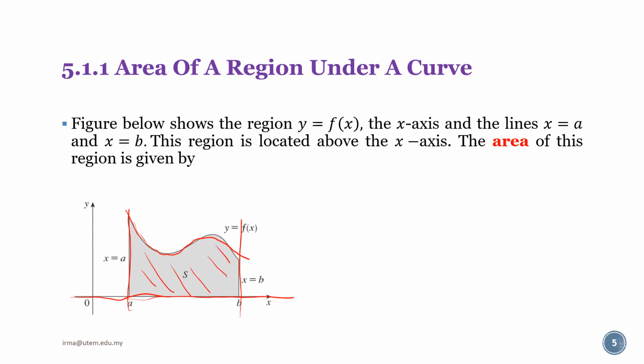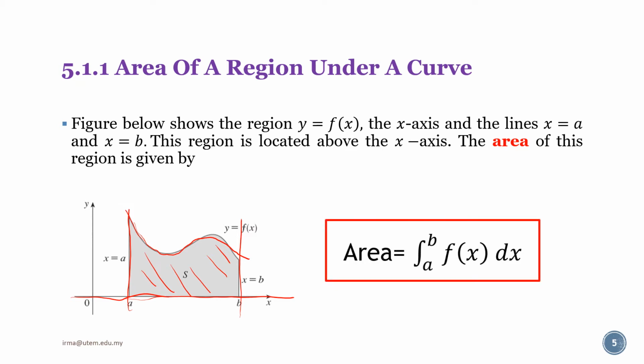So we will have this as the shaded region, and the area of this region is given by the integral of f(x) dx. This f(x) is the function, the graph here.